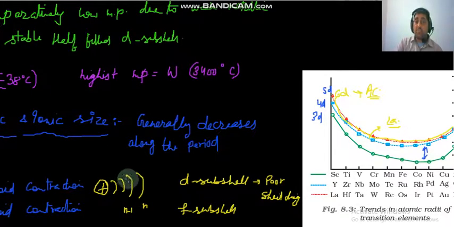As we proceed, electrons are added in the D subshell, which is always penultimate, that is n minus 1. As electrons are added progressively in the D subshell, more and more protons are added in the nucleus as well, so the nucleus becomes stronger and stronger as the positive charge increases.